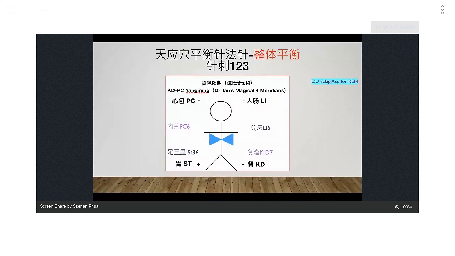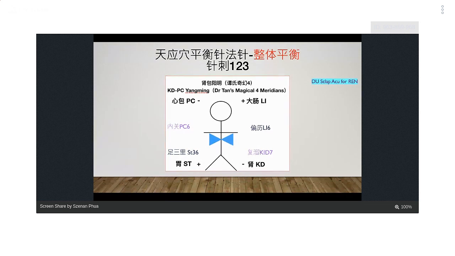The main thing is how do you choose the point? I suggest PC6 on the right hand, kidney 7 on the left leg, and then large intestine 6 on the left hand, and stomach 36 on the right leg.